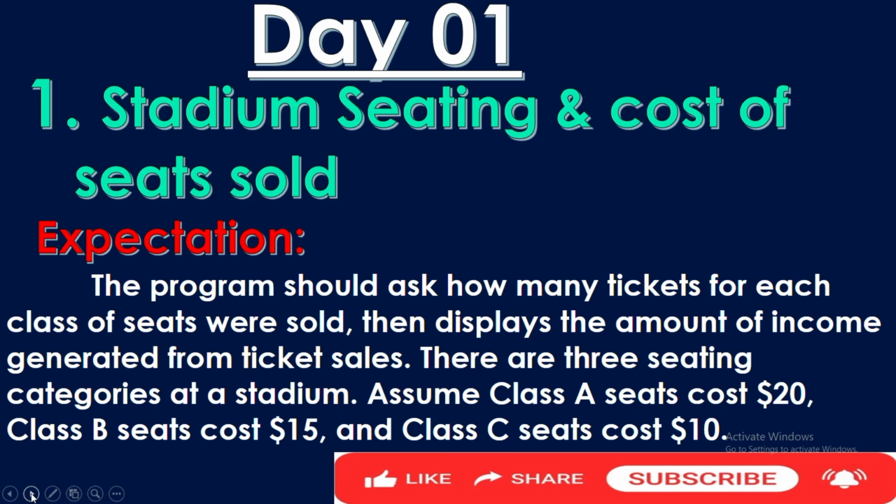We are not calculating the number of seats. No, we are calculating the number of seats sold, and also the income that was generated from those particular seats based on the categories.